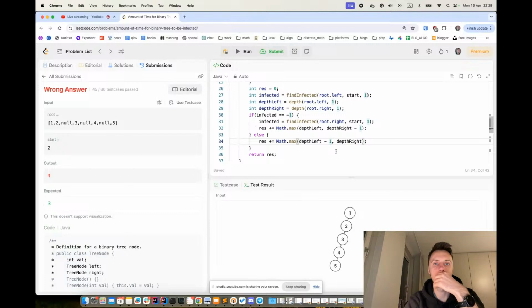But we should not only do -1, but also maximum, or even not maximum but minimum, between depth left -1 and... it should not be depth left -1.